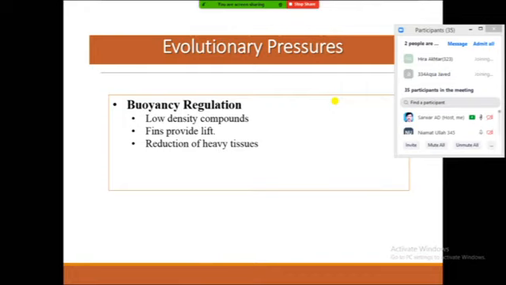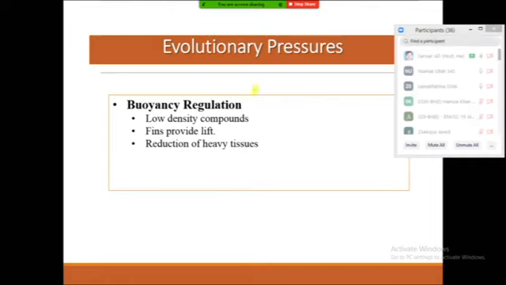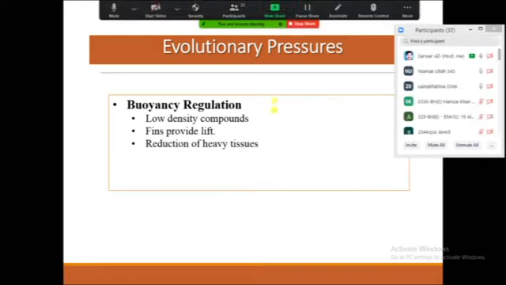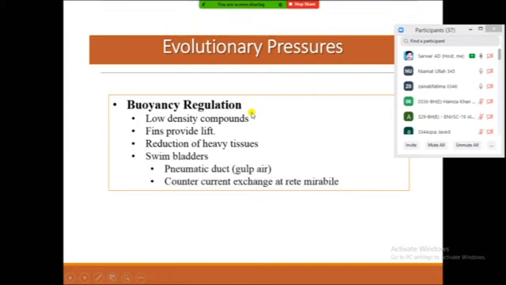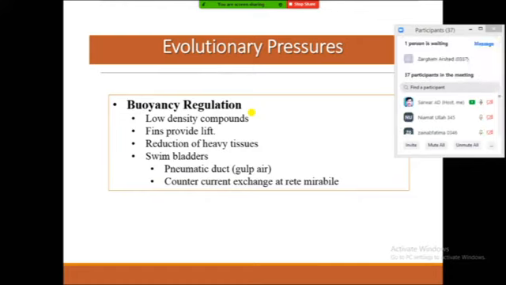Heavy tissues are reduced in all the fishes if they want to gain speed in the water and for buoyancy regulation. Here they possess a swim bladder. About the swim bladder we have discussed in the last lecture. They possess a pneumatic sac.